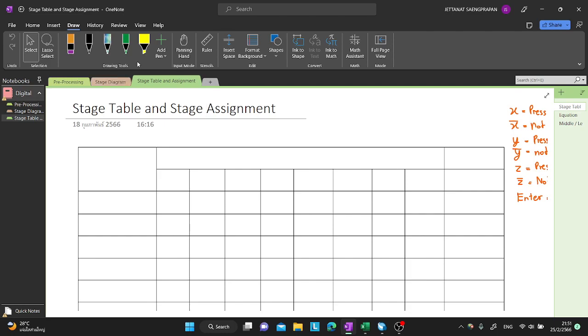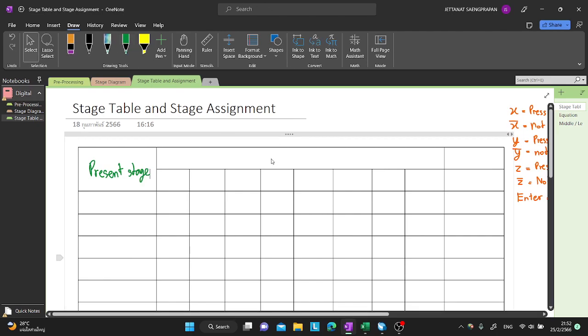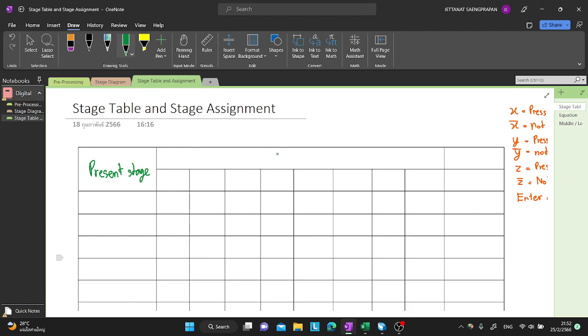So this table is called the present stage. And this is the next stage. And the last one is output.